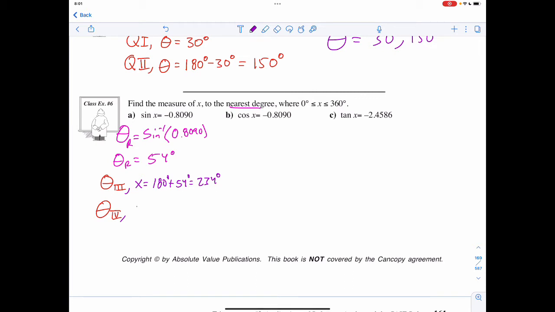In quadrant 4, it's going to be 360 minus my reference angle, or 306 degrees. And then I can just state that x is equal to 234 degrees or 306 degrees.